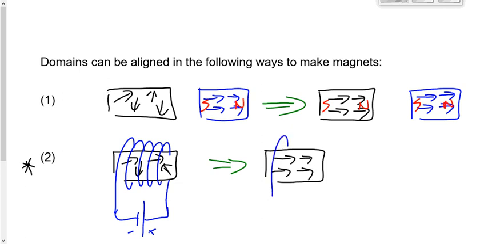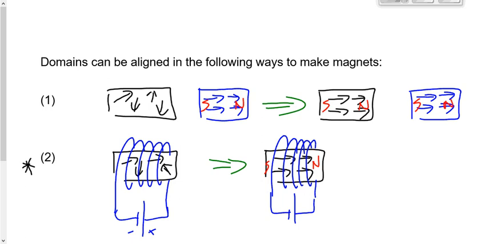Once again, we've just developed a very specific polarity because the domains are defined as pointing from south to north. Again, more about the second way in another day or two.